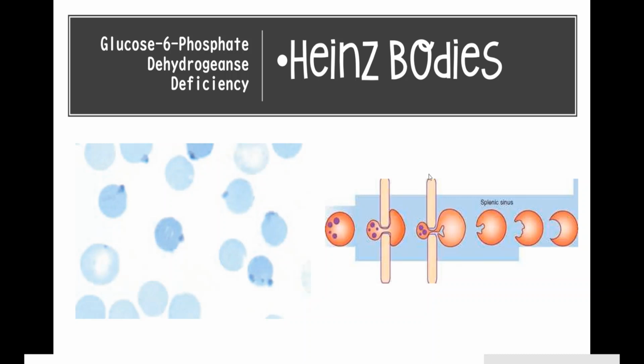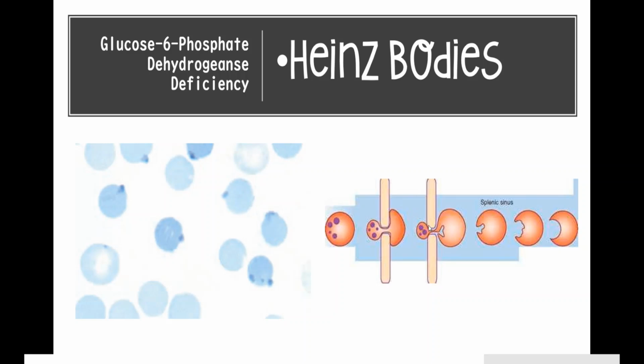A normal RBC can just squeeze through it. But if the RBC has a rigid membrane, it cannot pass through the splenic sinusoid. As in the case of Heinz bodies, only a portion becomes rigid. So in this case, the RBC becomes trapped because of this rigid portion here.